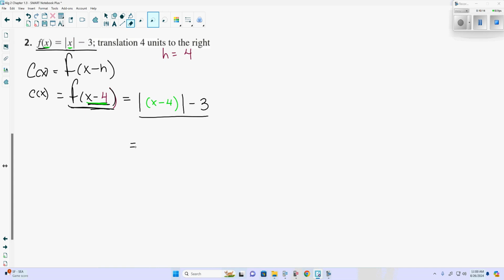Now with our simplifying, here we have x minus 4 in parentheses. Is there anything in front of the parentheses besides the absolute value? There's not a number, there's not a sign, nothing to take care of. So we can take away the parentheses.